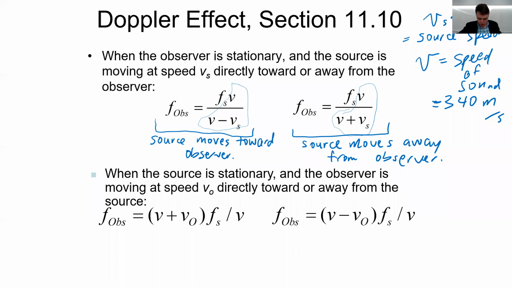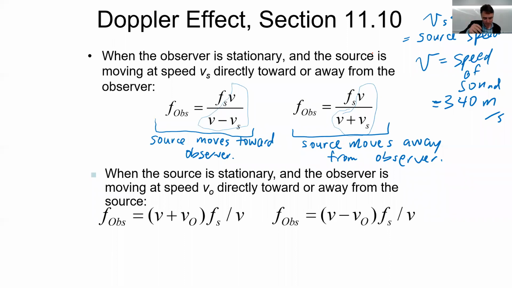When the source is stationary and the observer is moving at a speed VO directly towards or away from the source, the earlier case was when the source is moving, like an ambulance siren. So the source is what's moving, and you're standing still. You can also have a Doppler effect if you're the one in the car and you hear something stationary that's emitting a sound.